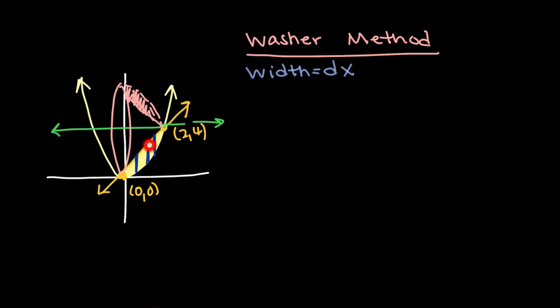When I take these rectangles and rotate them about that line y equals 4, I'm going to get washers, or circles, donuts, circles with holes in them. Because I made my slices vertically, the width of each of these slices is a delta x, a change in x, or a dx.